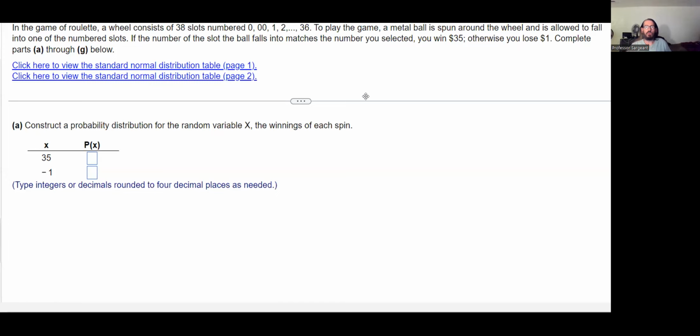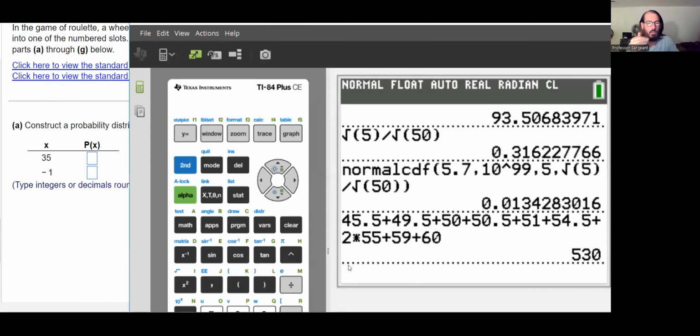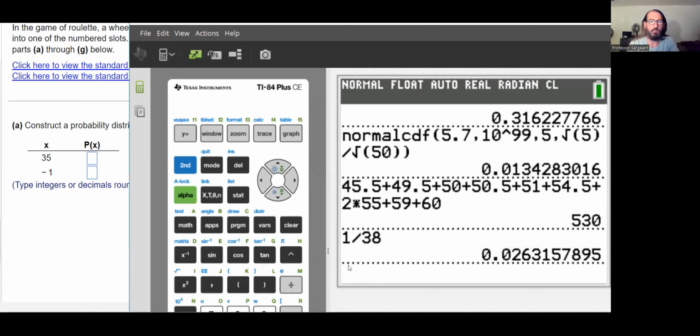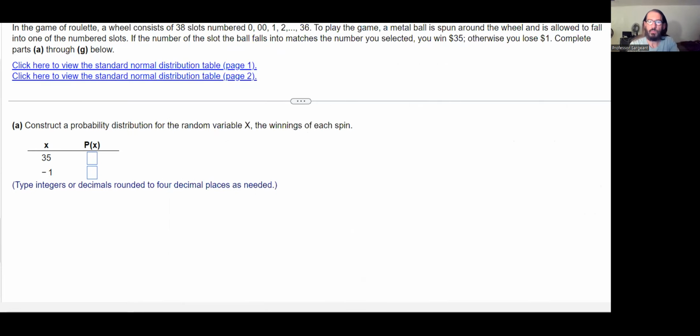Okay, let's see here. You're only picking one number. So you should only be winning if these are equally likely, 1 out of 38 times. They want us to round to 4 places.